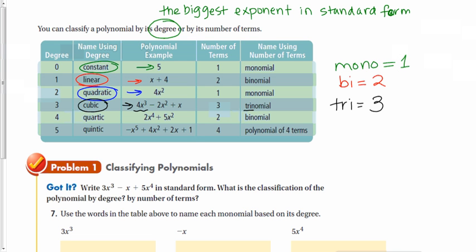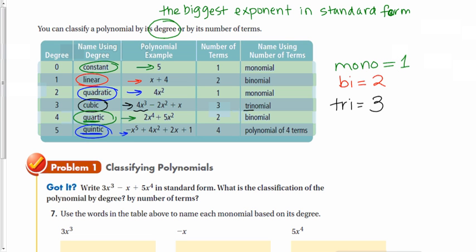A 4th degree polynomial is a quartic. You see that word quart, like quarter, in there for 4. A 4th degree polynomial has an exponent of 4 as the biggest power. The example they gave us has 2 terms. It could have more. Since it had 2 terms, it was a binomial. The last one on here is the degree 5. The degree 5 is a quintic, Q-U-I-N-T, which stands for 5.